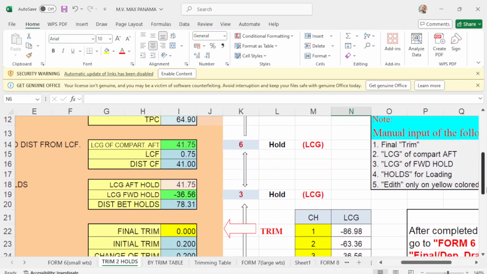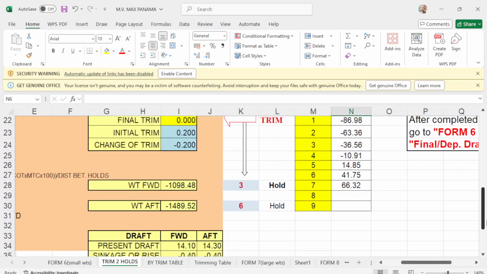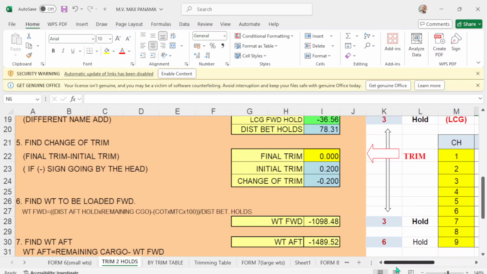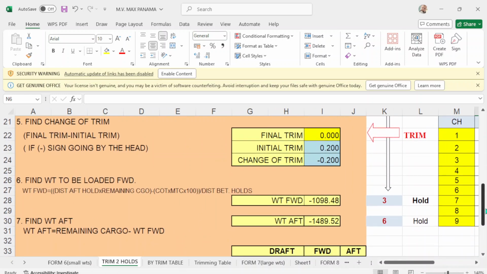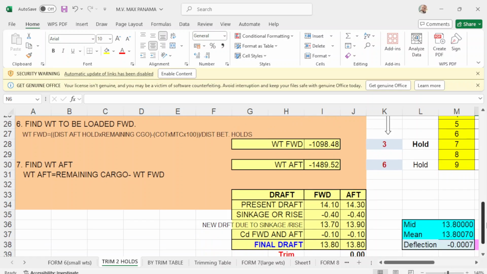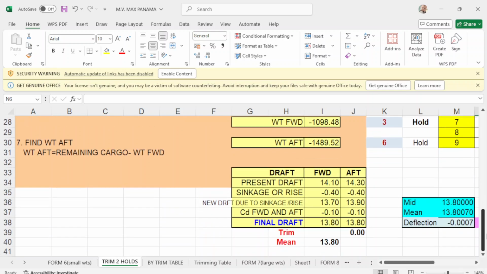But this trimming of holds stops right here, from here, or from here. But what I did, I made an additional equation or formula to find the forward draft and aft draft at departure, or the final draft.